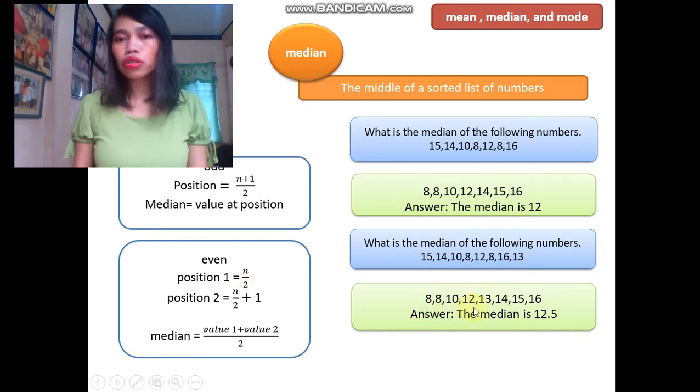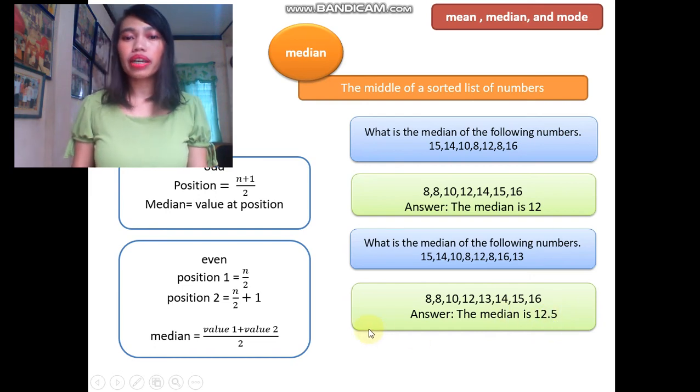So the first position has the value 12. 8 divided by 2 plus 1, that is 5. So the fifth position is 13. 12 plus 13, the same as value 1 plus value 2. So 12 plus 13 divided by 2 is 12.5. So the median of our second example is 12.5.